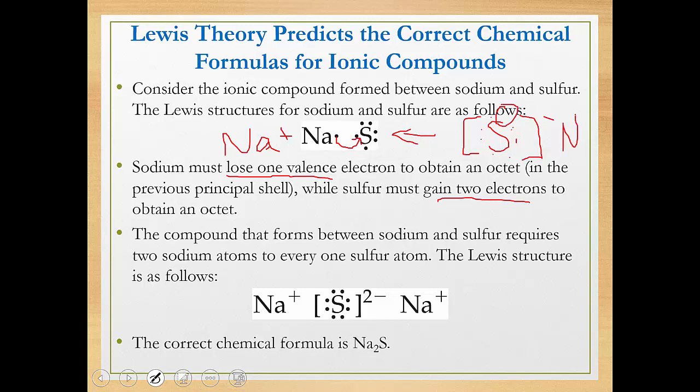So what I need is another one of these sodiums that can donate another electron. That's what's telling me I need 2 sodium atoms for every 1 sulfur atom. And then the Lewis structure would look like this. And the correct formula then would be Na2S.